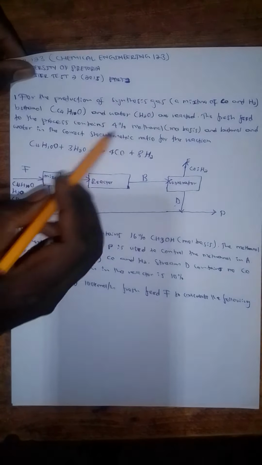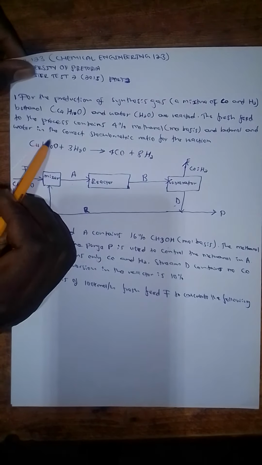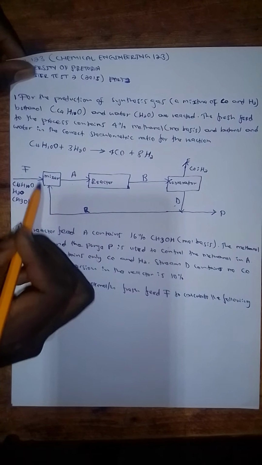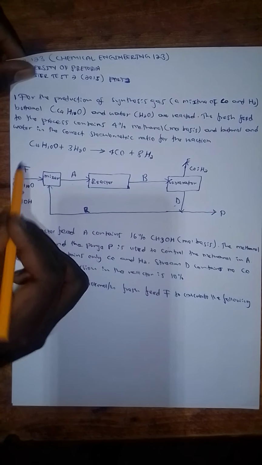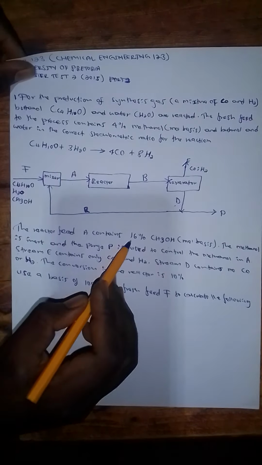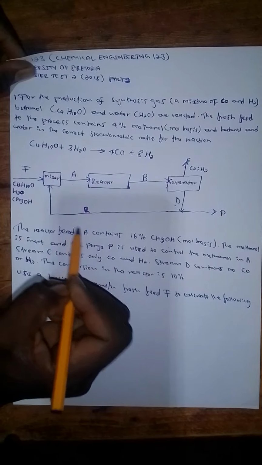From the problem statement, the fresh stream F is 4% methanol, so we have the mole fraction of methanol in F. In A, the methanol is 16%, so we also have the mole fraction there. In R, we calculated the analysis of stream R percent-wise and in moles, so we know the mole fraction of methanol. It's easier to use that to get the second equation.